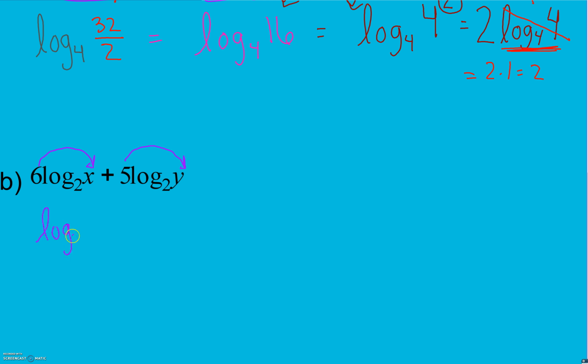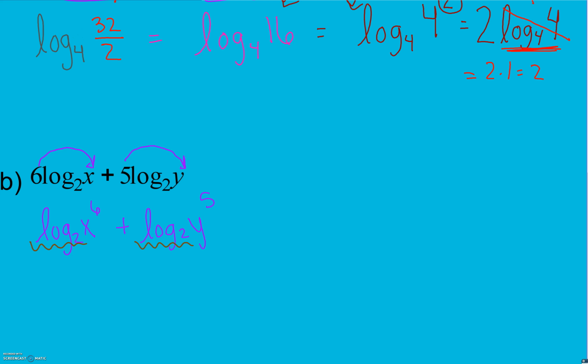So log base 2 of x to the 6th power plus log base 2 of y to the 5th power. Before we can put these together, you guys, we have to have just our log base, whatever it happens to be. Before we can combine them into one, it has to be log base 2, log base 4, log base whatever you have, can't have any coefficients.